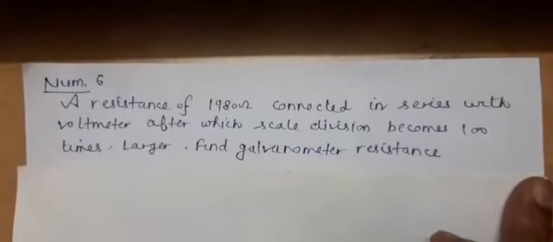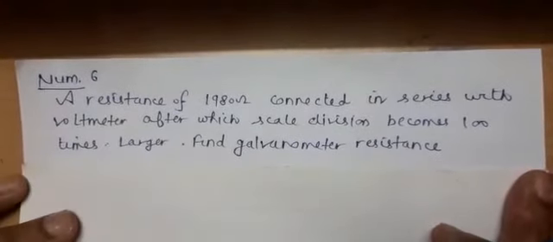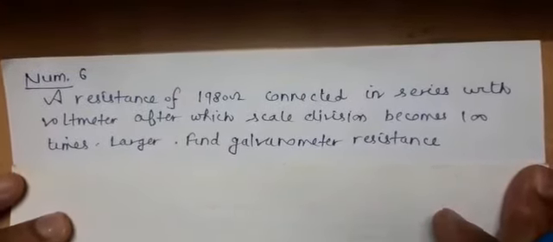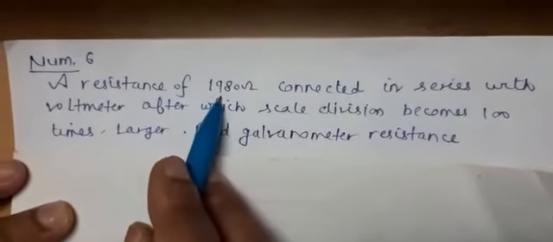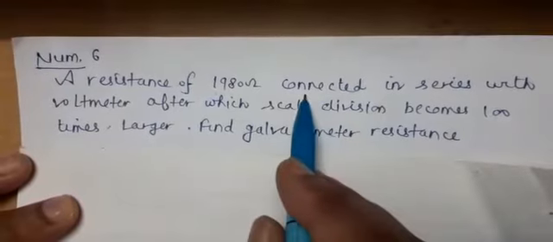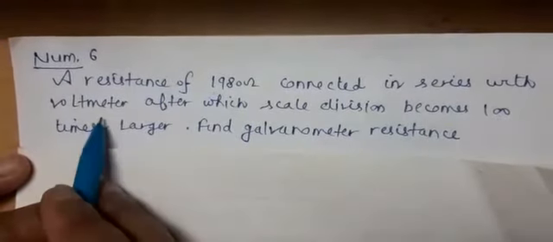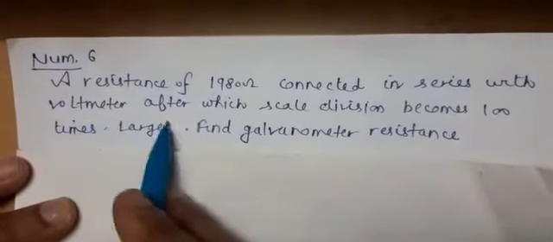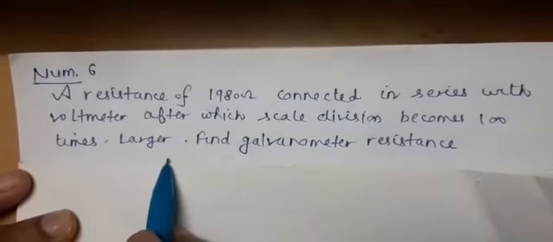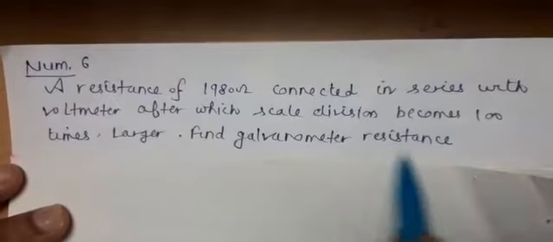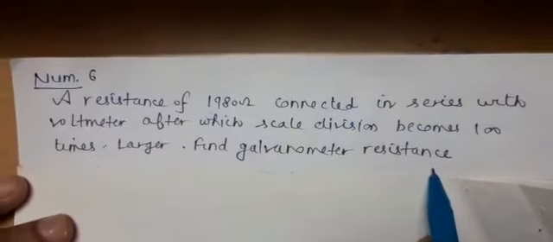Now one more numerical I am taking. This is the last numerical for today's video. A resistance of 1980 ohm is connected in series with a voltmeter, after which scale division becomes 100 times larger. Find the galvanometer resistance.